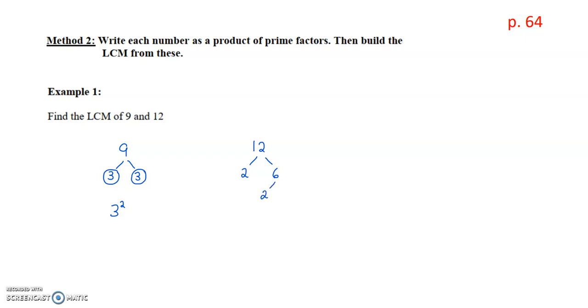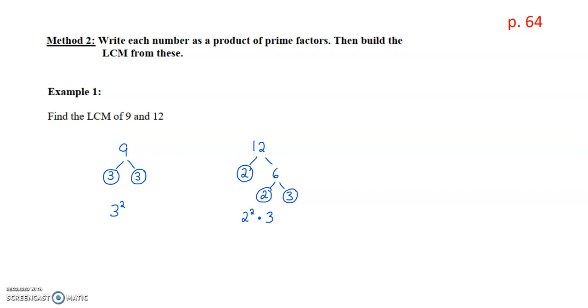Divide by 2 again, which leaves us with 3, and there are our prime numbers 2, 2, and 3. So I write this with exponents, 2 squared times 3.